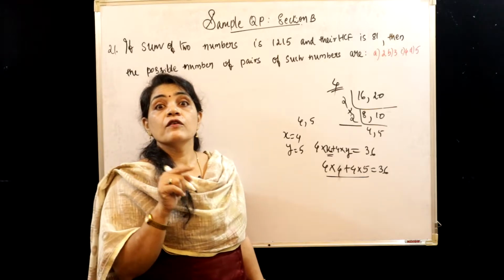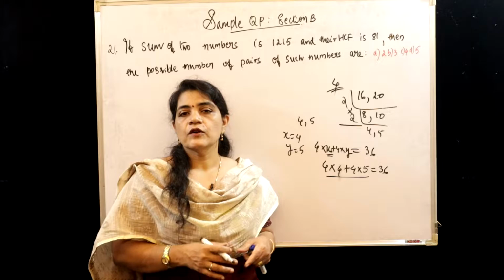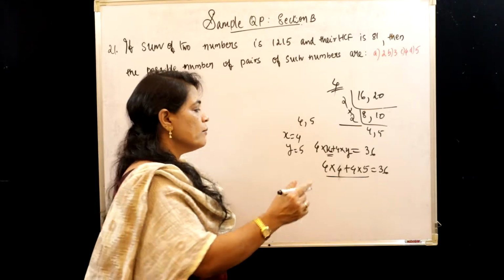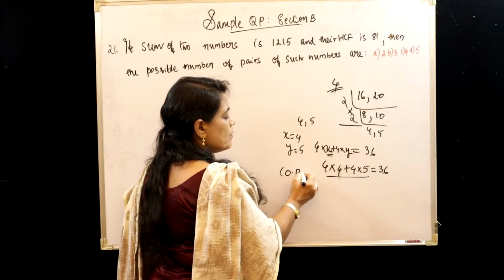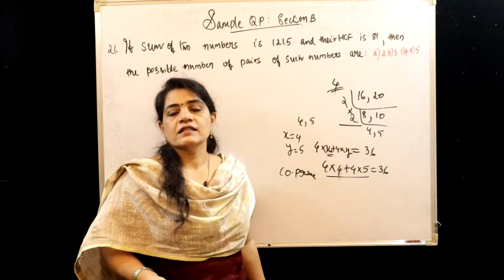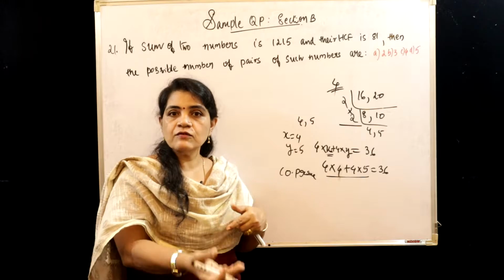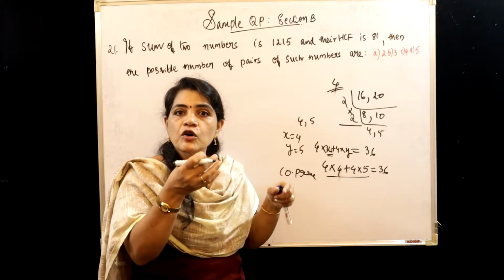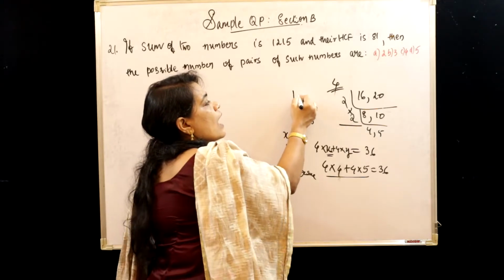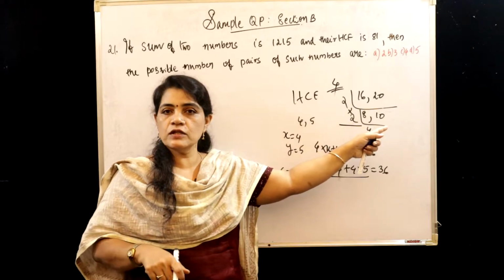Here comes another very important point. In such cases, x and y must always be co-prime numbers. That means there won't be any common factor other than 1 between 4 and 5, because if there is one more common factor, that factor will join with this 4, so the HCF will change. HCF means highest common factor. We have seen that it is 4 in the case of 16 and 20.